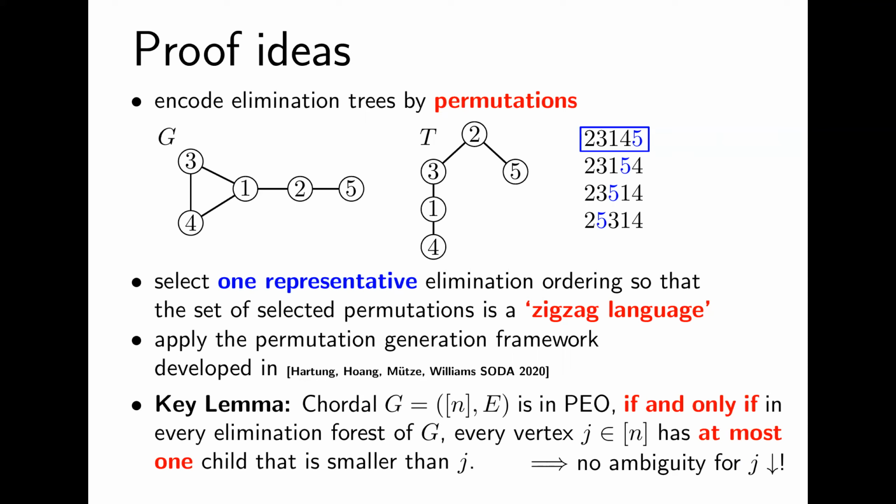So this is the meta reason why it works for causal graphs. And conversely, if G is not causal, well, because this is an if and only if, then there is an elimination tree which has a vertex which has two smaller neighbors, and then we can prove the algorithm will encounter this step and will run into this ambiguous situation and will stop prematurely. So this is what is going on behind the scenes.